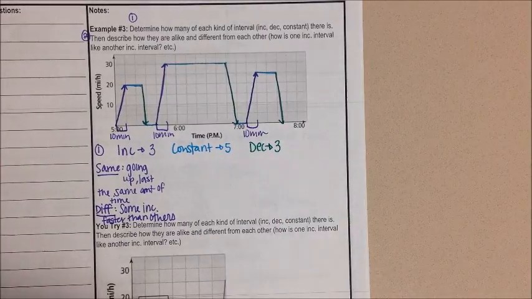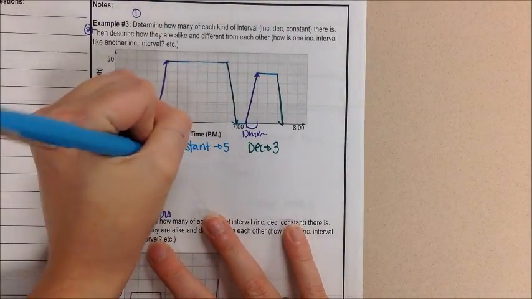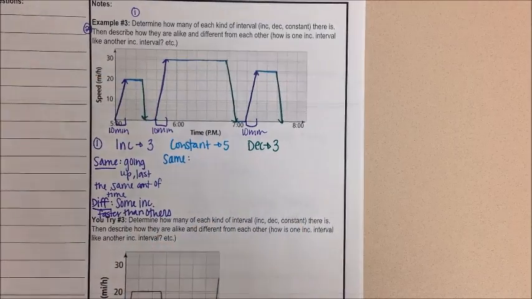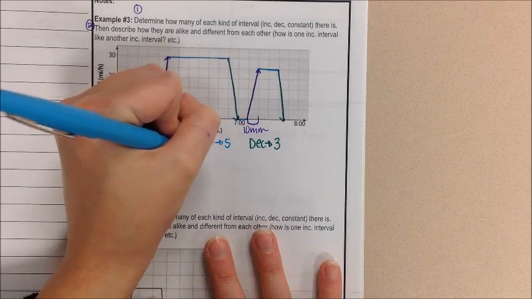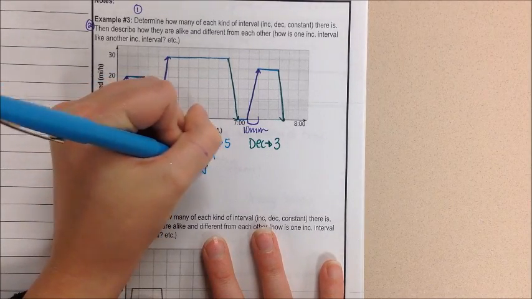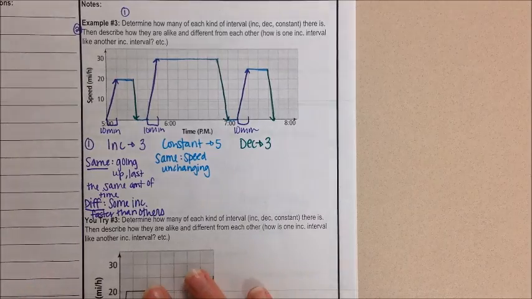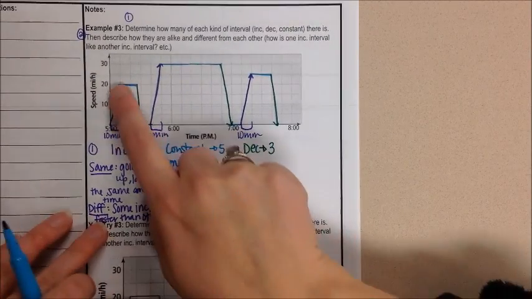Okay, now we're going to look at the constant intervals. Let's look at how they're the same. Well, the speed's unchanging, right? Because that's what makes it constant. Speed unchanging. I wouldn't say that there's much else in common, because they don't all last the same amount of time.